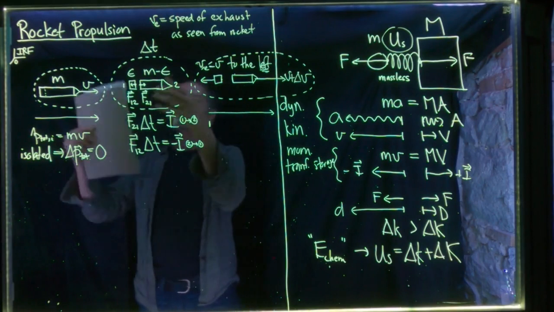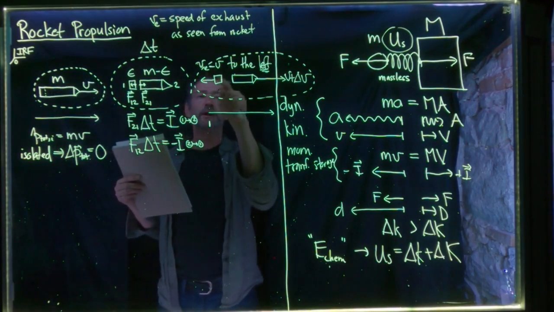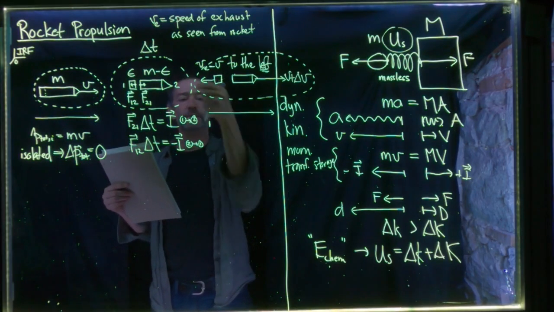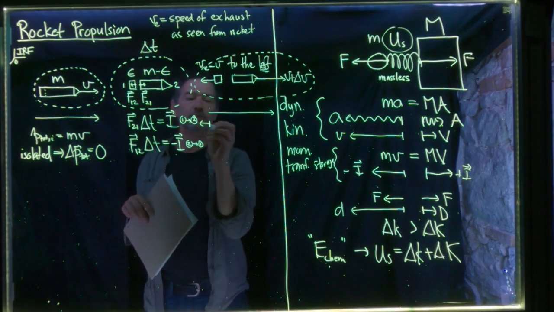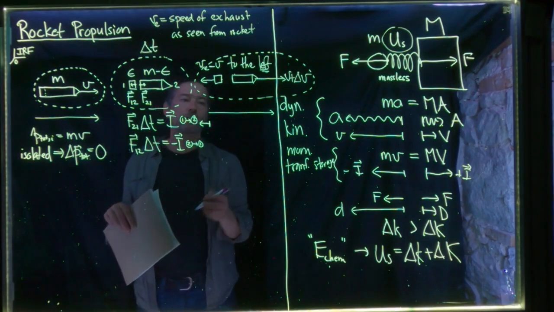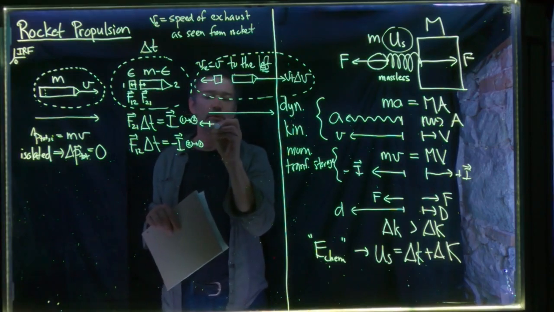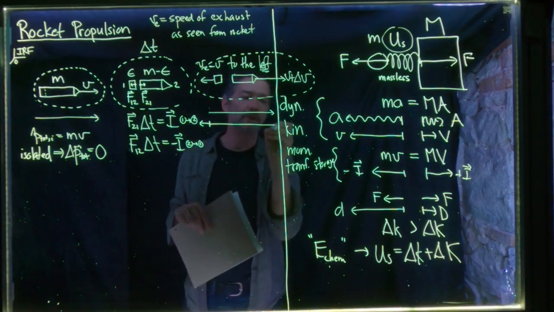When the rocket is moving at less than the speed VE, those exhaust gas particles will have some momentum to the left. So the contribution to the total momentum of the exhaust gas particles is a little vector to the left. Then what's the momentum of the rocket to the right? It must be equal to the total momentum plus this.